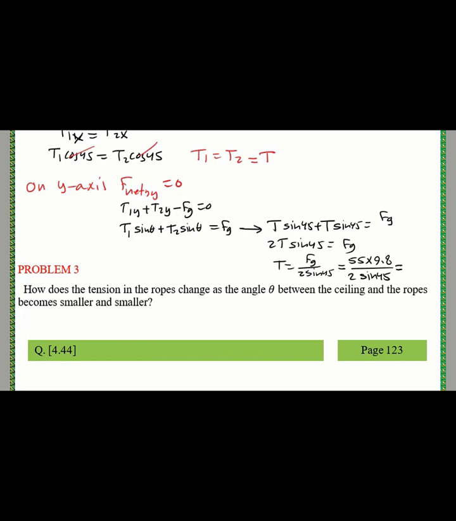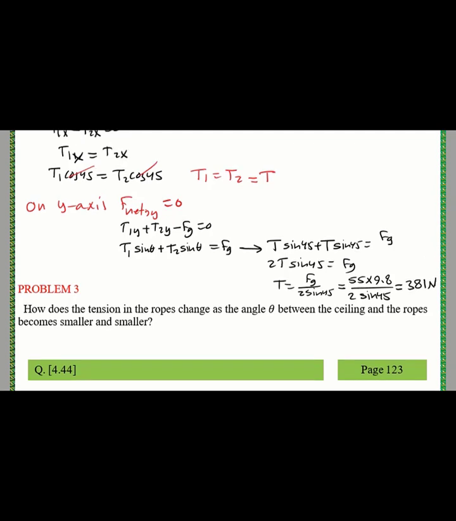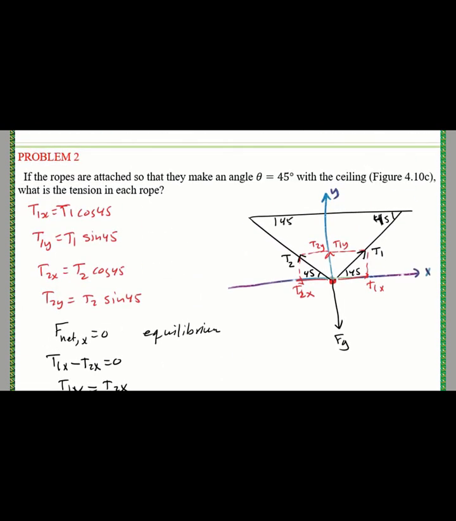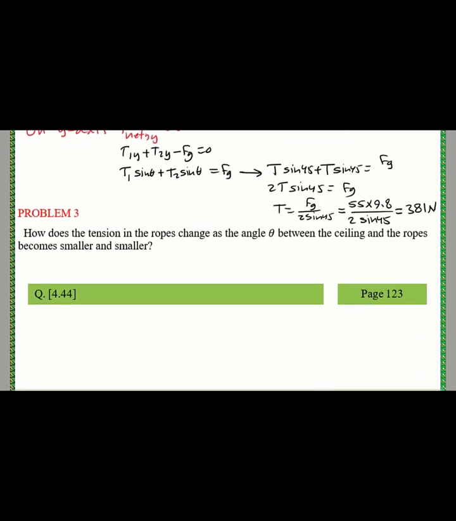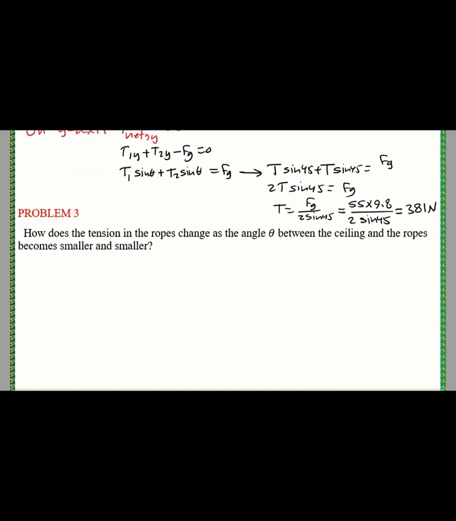The mass is 55. So 55 times 9.8 divided by 2 sine 45. The answer is 381. When the angle is closer to the ceiling, the tension is increased, which will be the answer for the third problem.